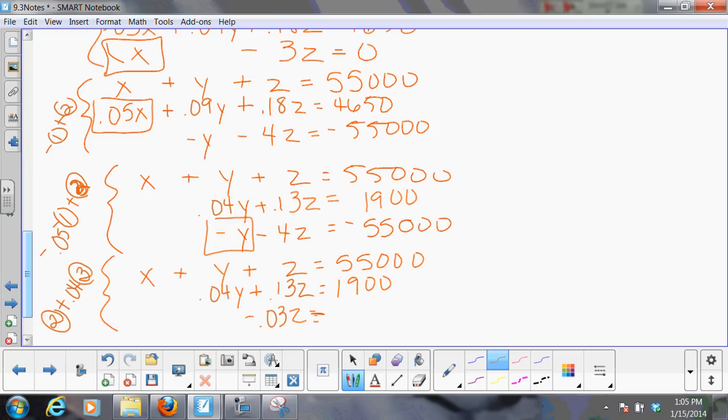And then we have 1,900 plus 0.04 times negative 55,000, which is negative 300. So we can solve for z. Divided by negative 0.03, and z is 10,000.